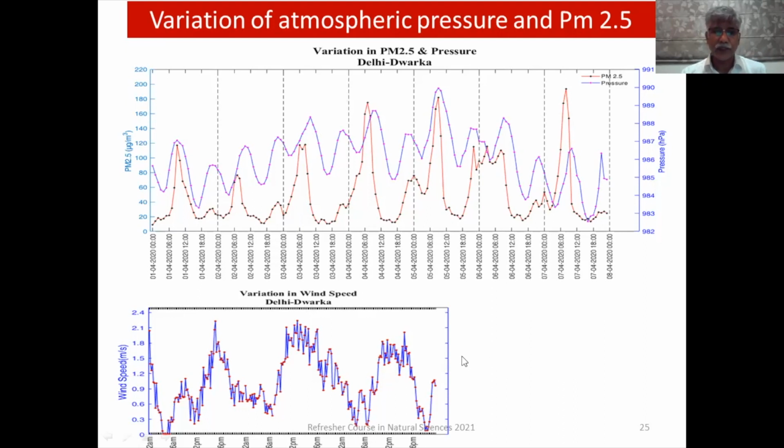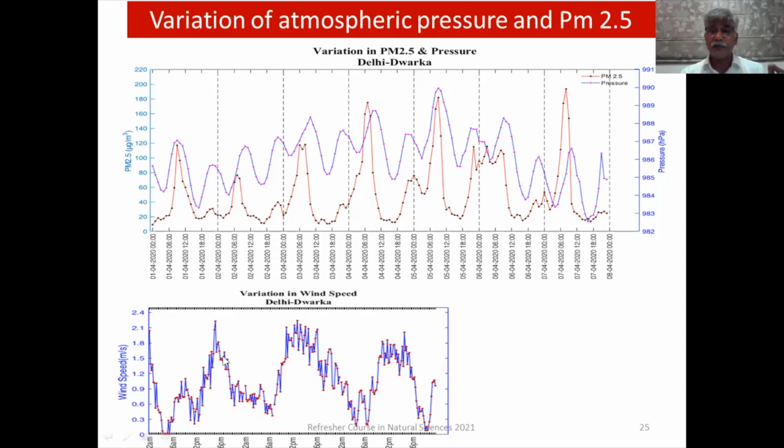Yes, absolutely. The lower diagram here is your daily variation, 3 days, one peak each. This is 2 p.m. and 6 p.m. on the x-axis, and the wind speed goes to about 2.5 meters per second.